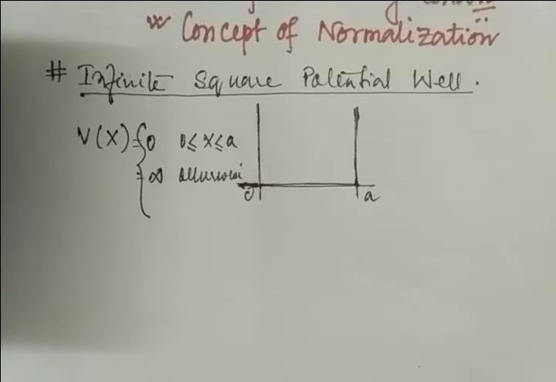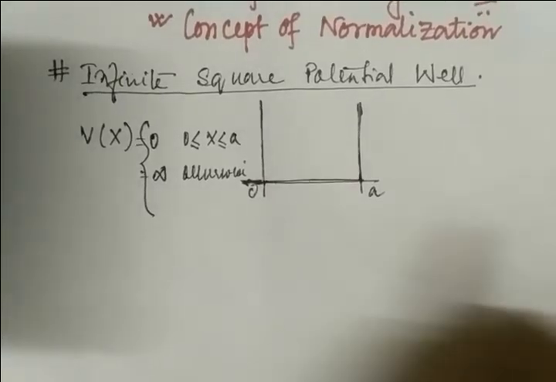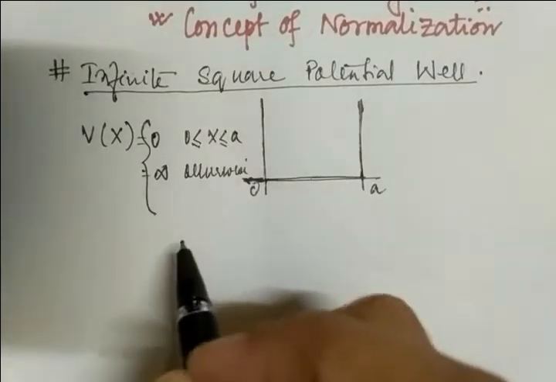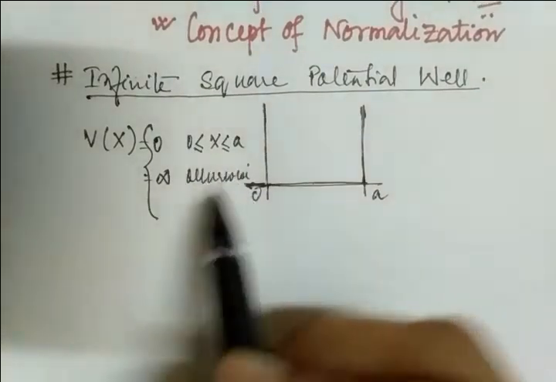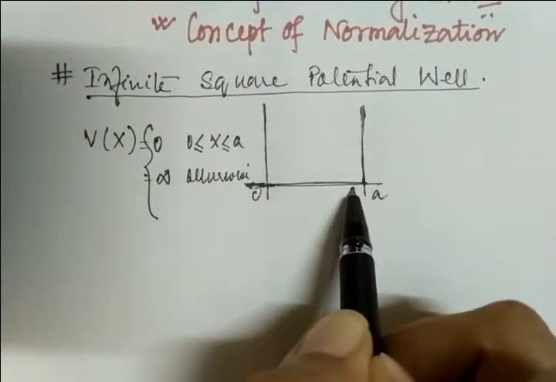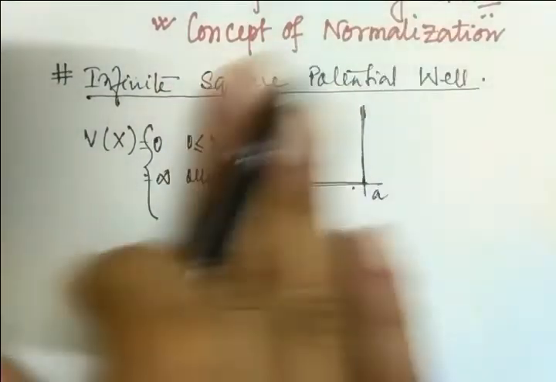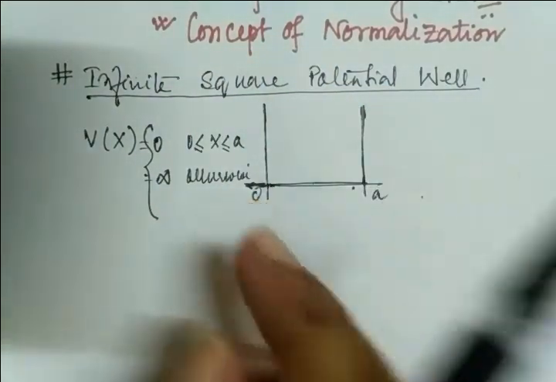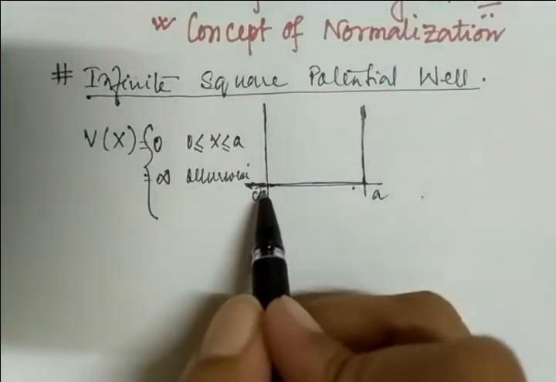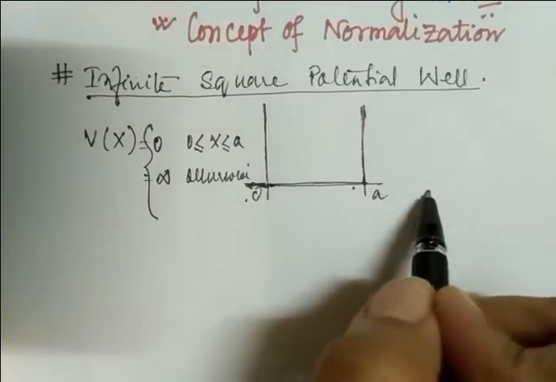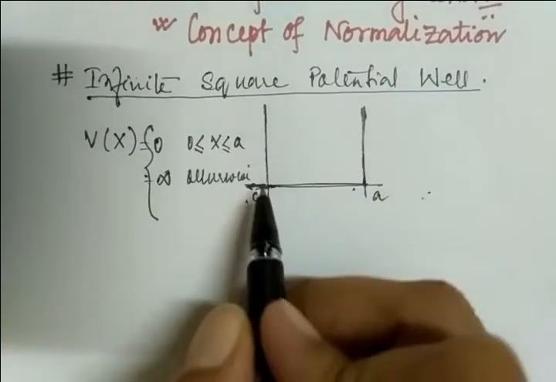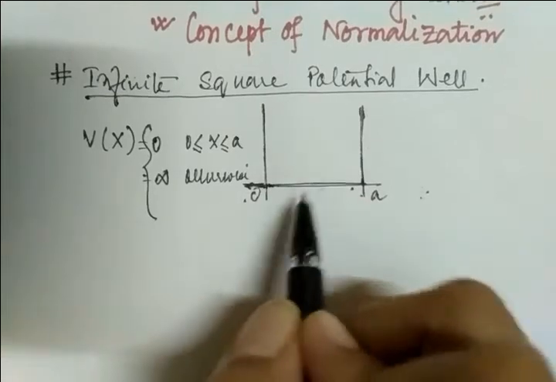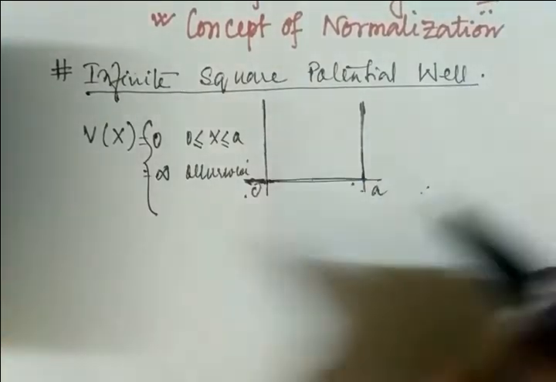Okay, and I am again clearly explaining that this potential is 0 in between 0 and a, and is infinite outside of this region. Beyond 0 and beyond a, its value is infinite, but in between 0 and a it becomes 0. Why does it become 0?